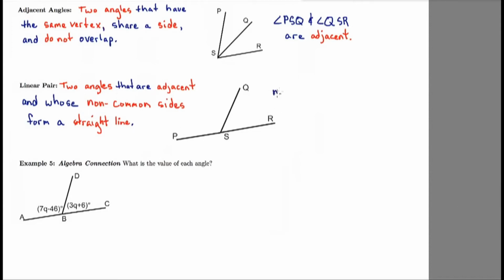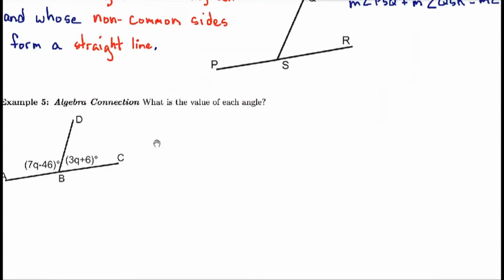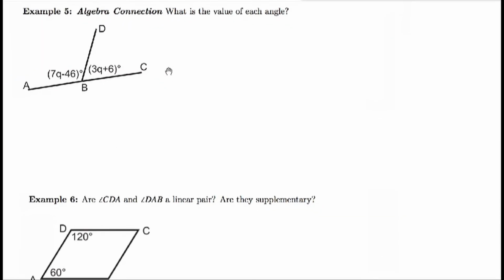So we can see here in this drawing, we've got measure of angle PSQ and the measure of angle QSR. They're adjacent, they share the vertex at S, and their non-common sides form a straight angle, or 180 degrees. So if I add these two angles, they would be supplementary. So linear pairs do have to be next to each other, whereas supplementary angles don't necessarily have to.